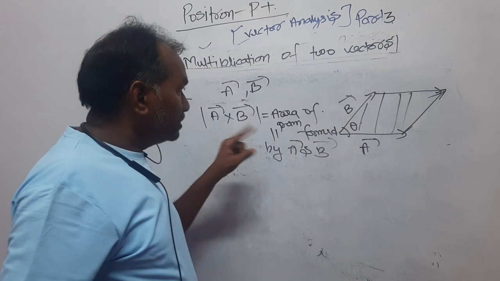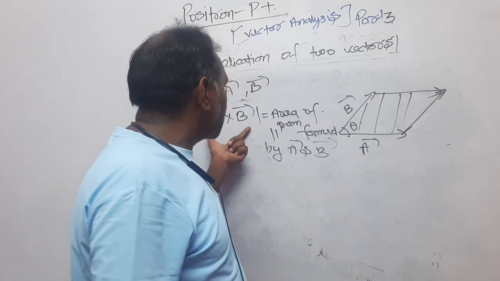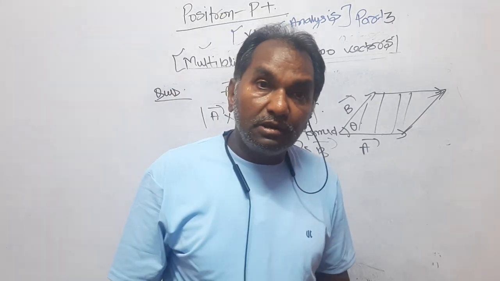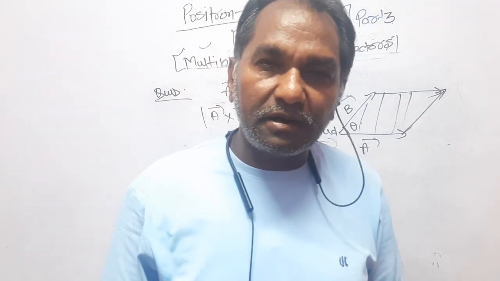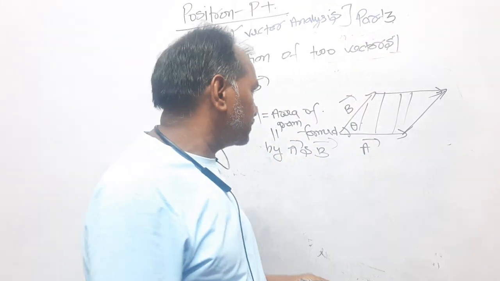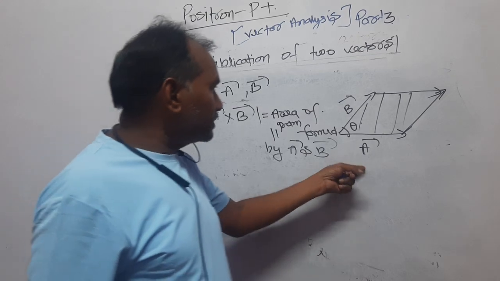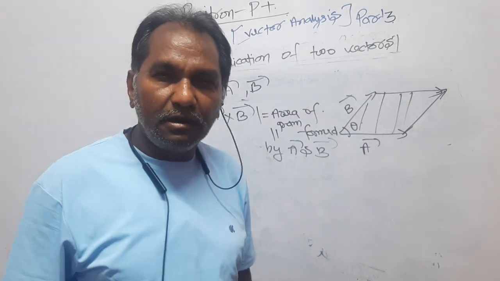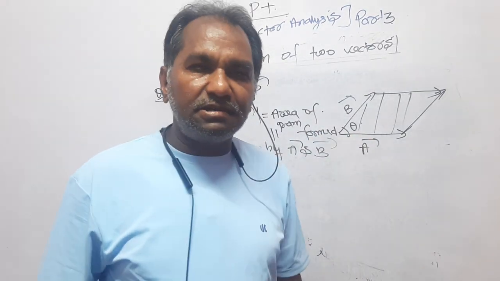Dear student, displacement is a vector quantity, area is a vector quantity, yet volume is a scalar quantity. Now the question is: the two vectors are A and B, and the angle between them is theta. Then what does vector A cross vector B represent?